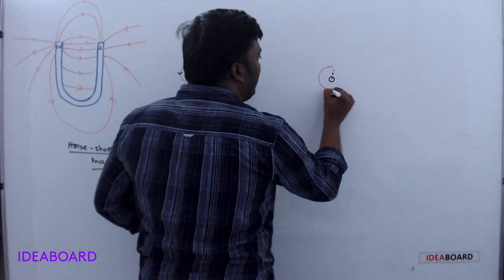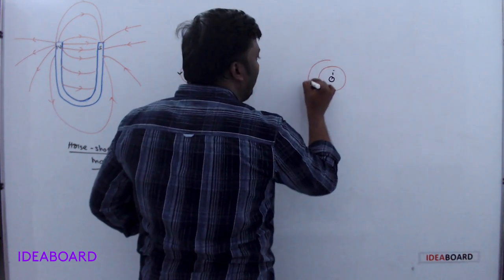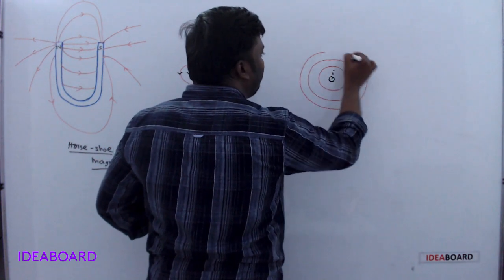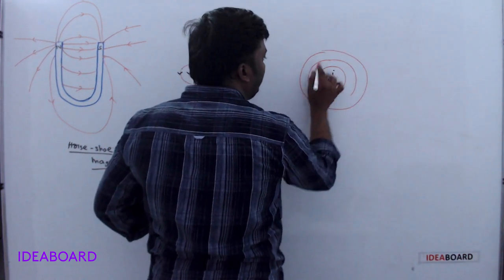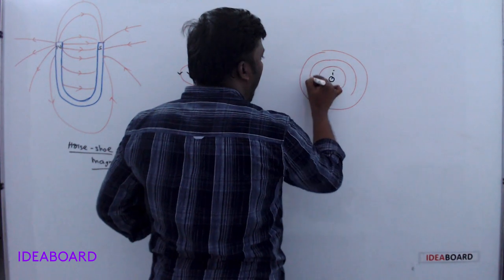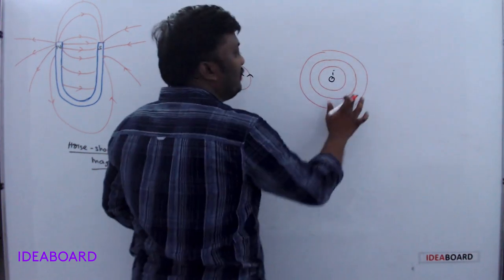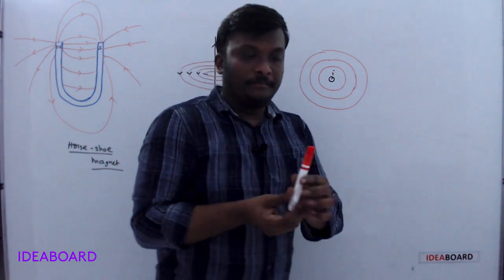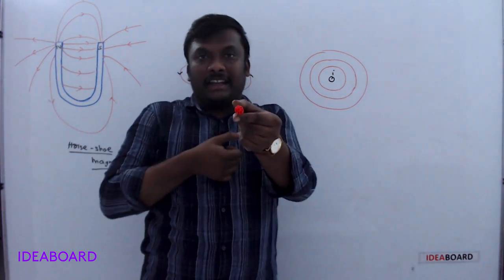So if you want the direction of the magnetic field anywhere, it depends on the direction of current.